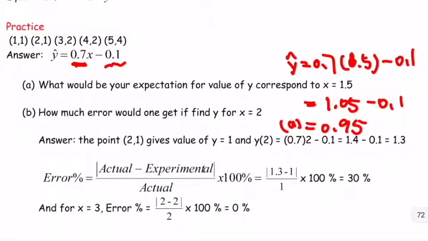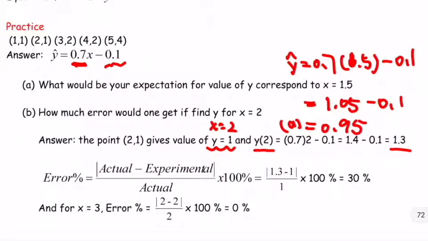And for B, how much error will one get if we find y for x equal to 2? For the given point, when y equals 1, x is equal to 2. But if we plug into the formula we found already, with x equal to 2, y is 1.3.